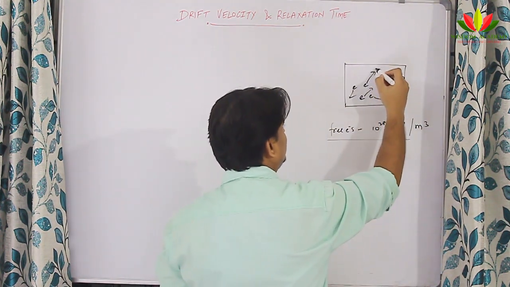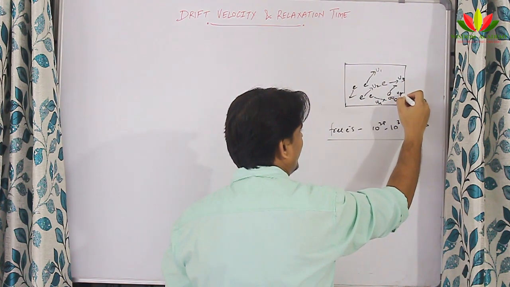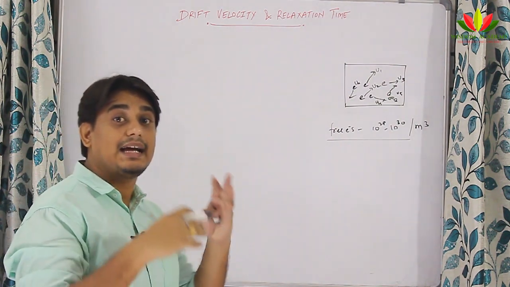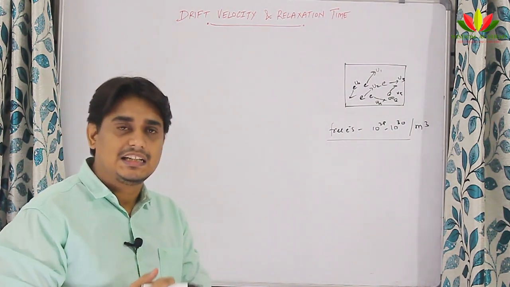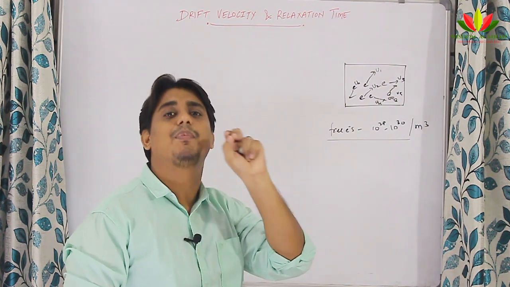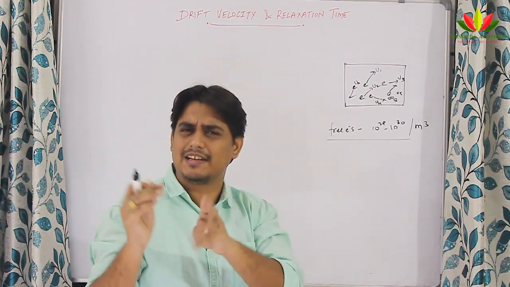If one electron is moving with velocity u1, another with u2, u3, u4, u5 and un, each particle has its own velocity. The net average velocity is 0. That's the reason all the electrons are not moving in a particular direction. They are moving in random directions, and the net velocity cancels out.